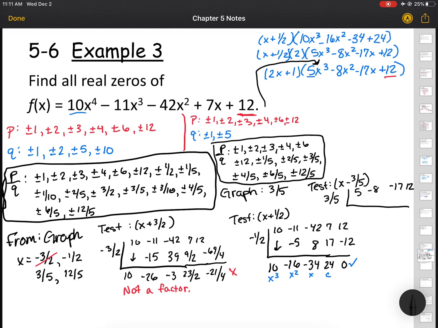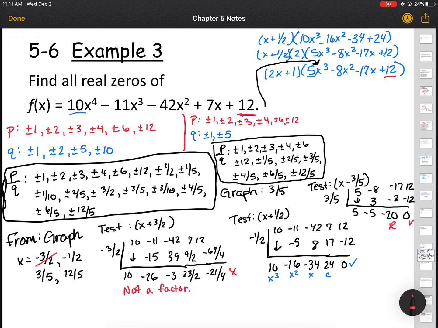And if I drop down that first 5, 3/5 times 5 is 3. And when I add -8 to that, that'll give me -3. And -20 times 3/5 is -12. And I do get 0. So this one does work as a factor, 3/5.